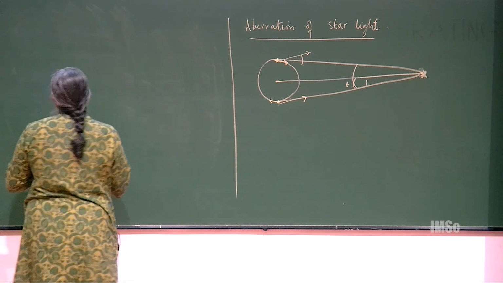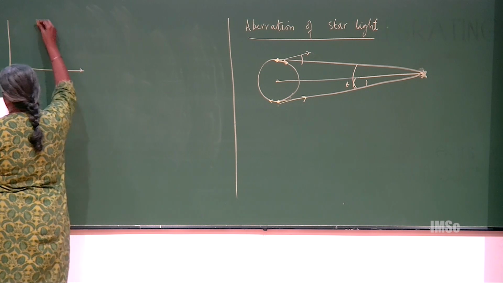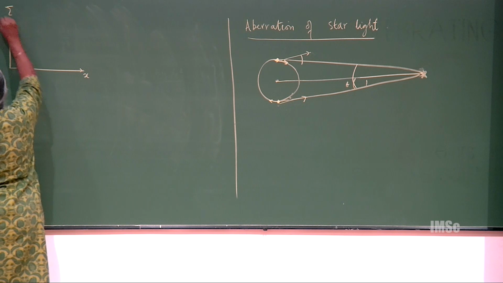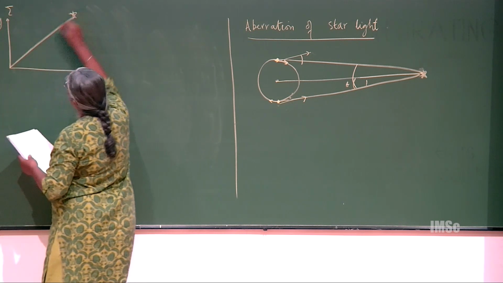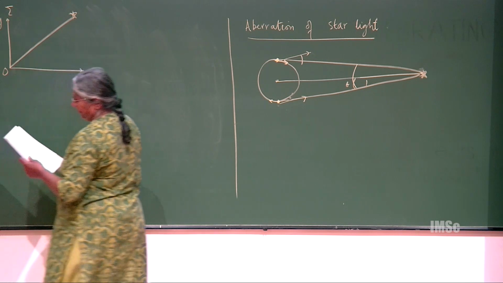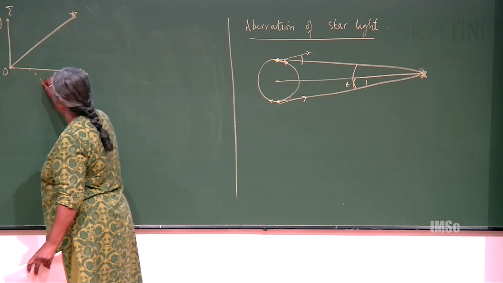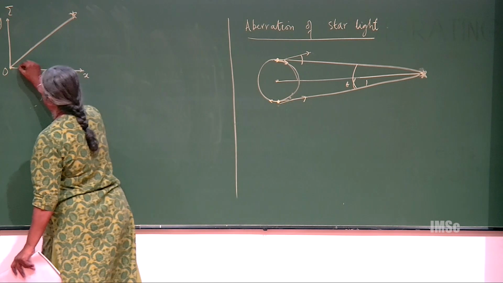So there are lots of diagrams here just to make it easy for you to see. So this is the frame sigma, so let's call this x and y. Let us assume that the star is here and the observer is at the origin, okay, but the earth here is moving in this position around the sun, right?